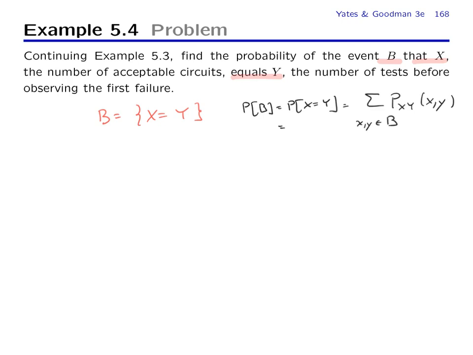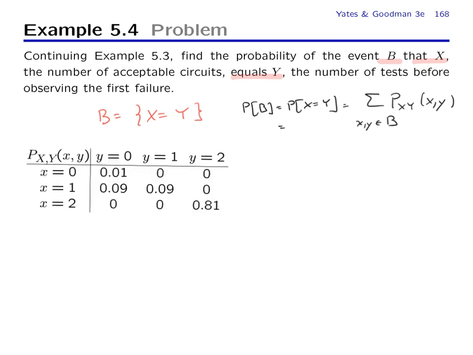And now we need the actual PMF of x and y. By some cut and paste magic, I dug it up from another slide. Here it is in table form. And the rest of this problem is simple because all we have to do is look at the table and highlight the pairs where x equals y.